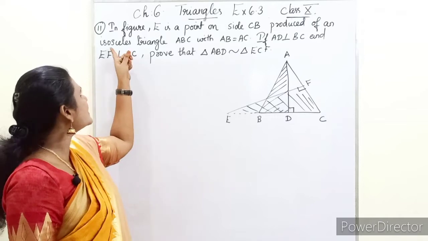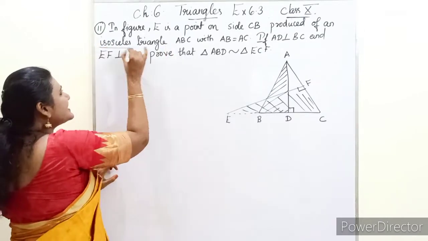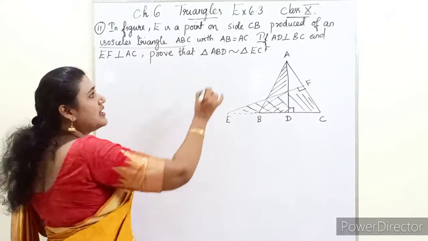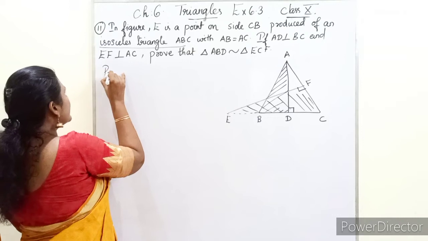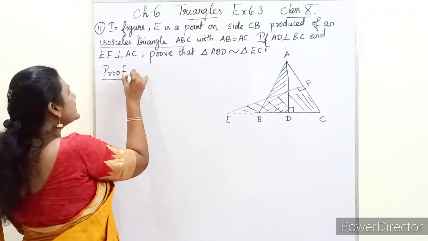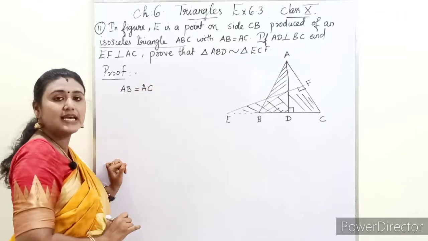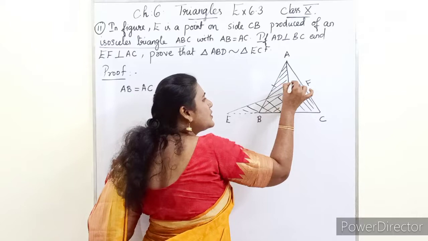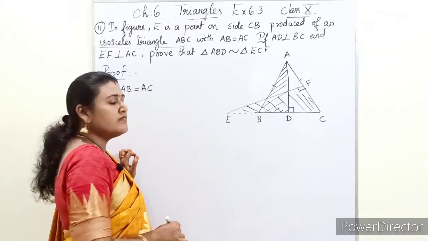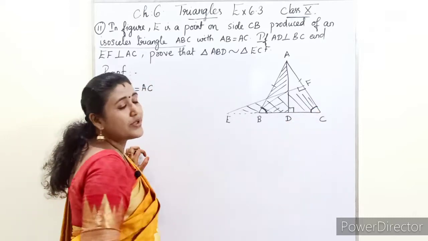First let us start with the given condition. What is the condition given? ABC is an isosceles triangle with sides AB and AC equal. You know that in an isosceles triangle, if two sides are equal, then the angles opposite to the equal sides are also equal.